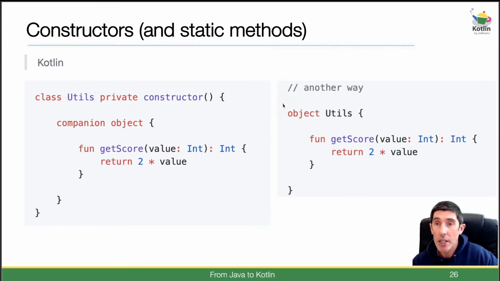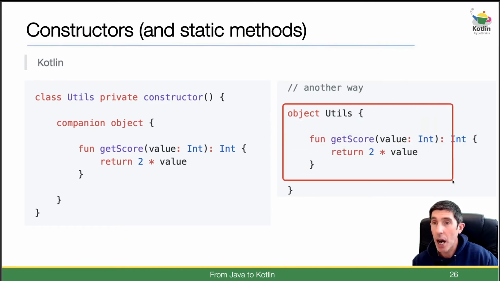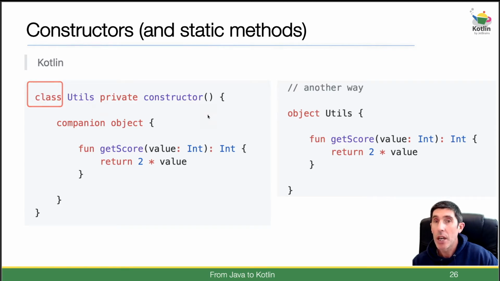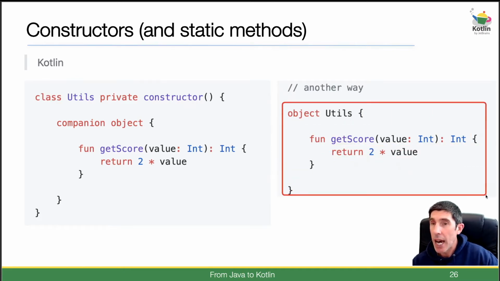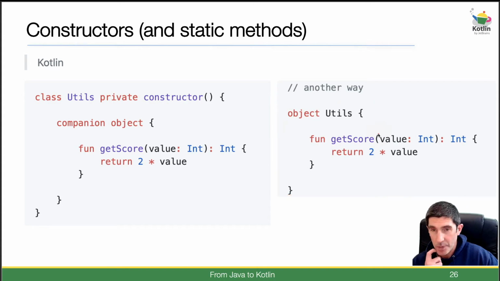But you can actually say something like this instead. You can say object Utils. So we're not creating a class as such and then saying Utils.whatever, we use the object keyword to create that single object to get the same result, in this case a static function that we can just use, and there's only ever one instance of it.